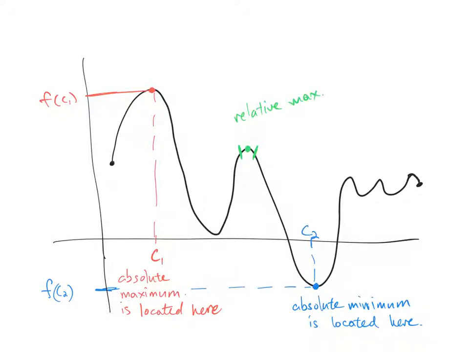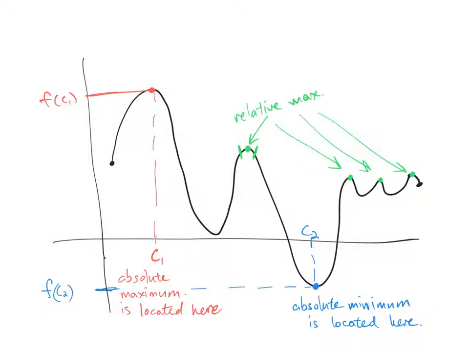Because it's still a maximum, it's just not the biggest maximum. So the biggest maximum we call the absolute maximum. And you can see here that here's another one, here's another one, here's another one. So all of these are relative maximums because the graph stops increasing and starts decreasing at that point. Same thing over here at this point.